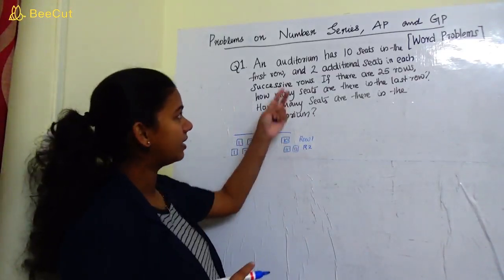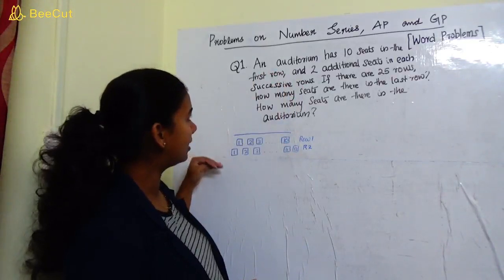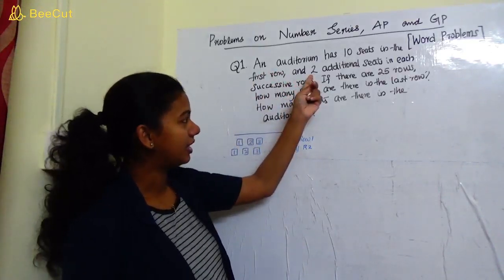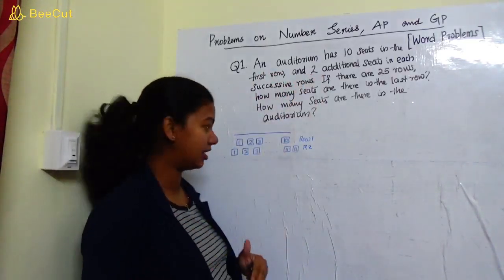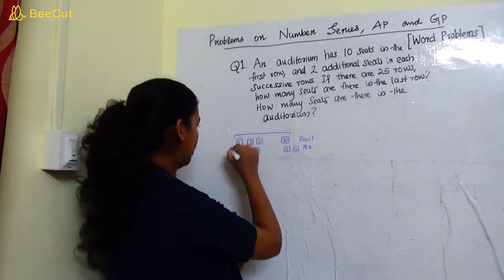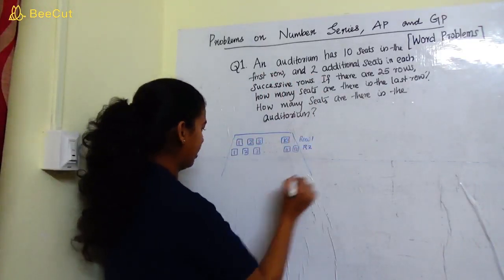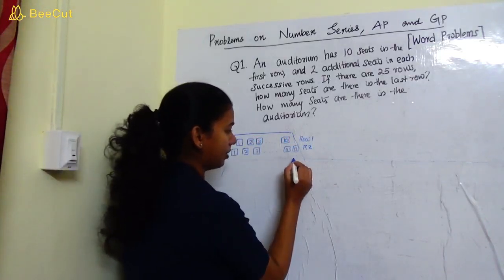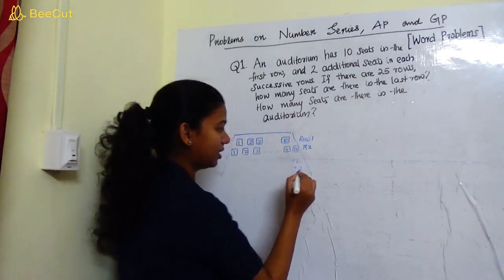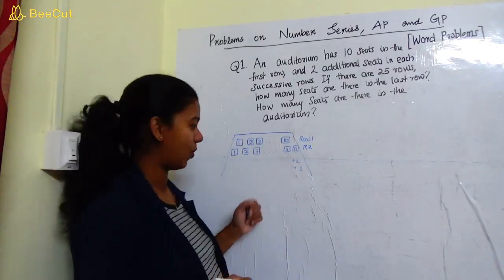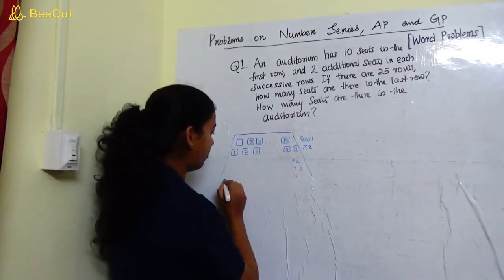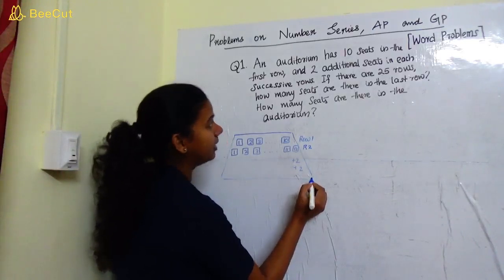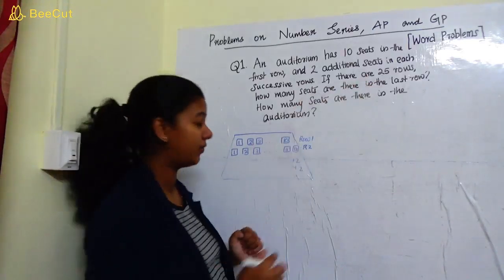And as the rows increase, there will be 2 additional seats each. So it will be somewhat in this shape. Again plus 2 seats are added in each row. And finally they are telling that there are 25 rows.